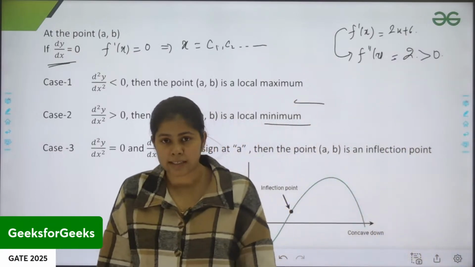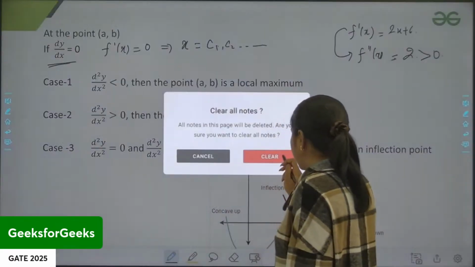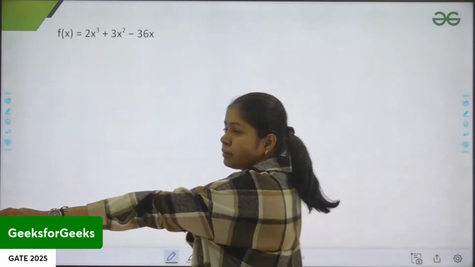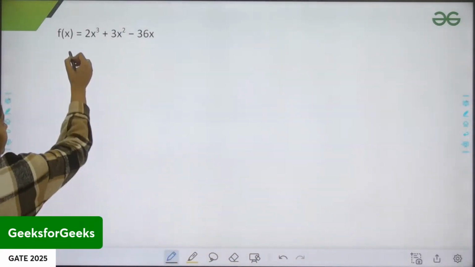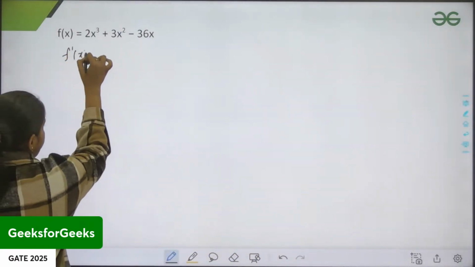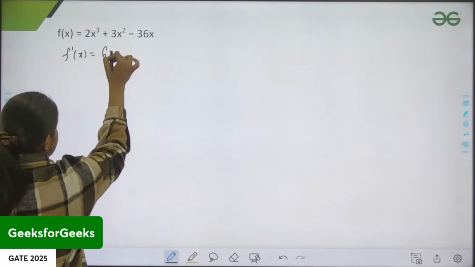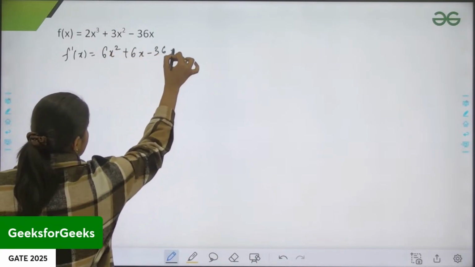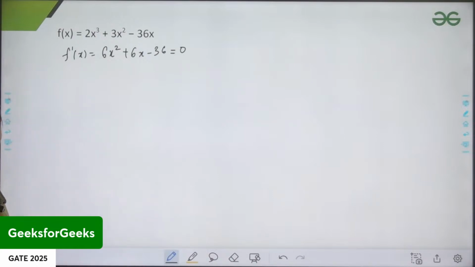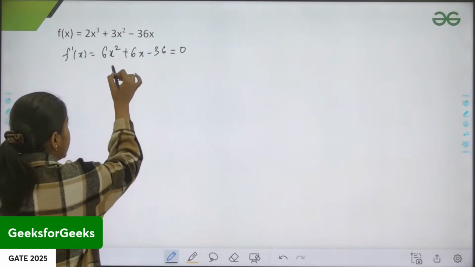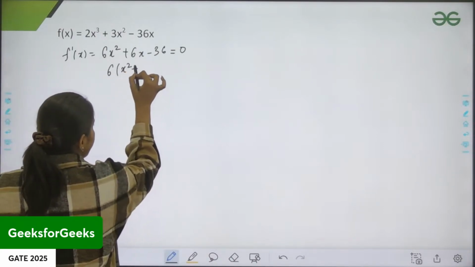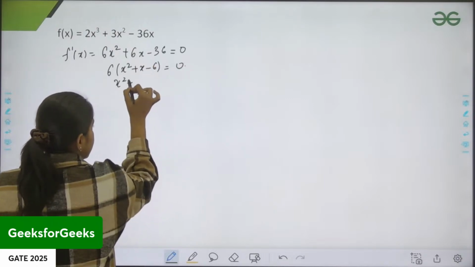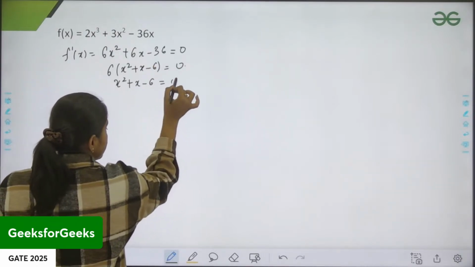Right? So that is the difference. Let me take one example and make it clear to you. This was a function, right? So what would I do? I'll find f dash x. F dash x would be 6x square plus 6x minus 36, that is equal to 0. Right? I'll find the critical points first. I'll take 6 common. x square plus x minus 6 equals 0.